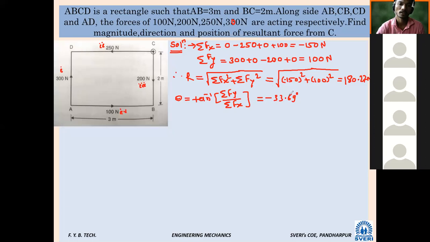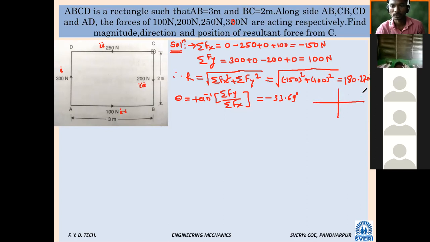So where will this resultant come? In which quadrant? X is minus, Y is plus. Second quadrant, because the angle is negative, so it will tell from where I have to measure. Angle is negative, so clockwise or anti-clockwise?